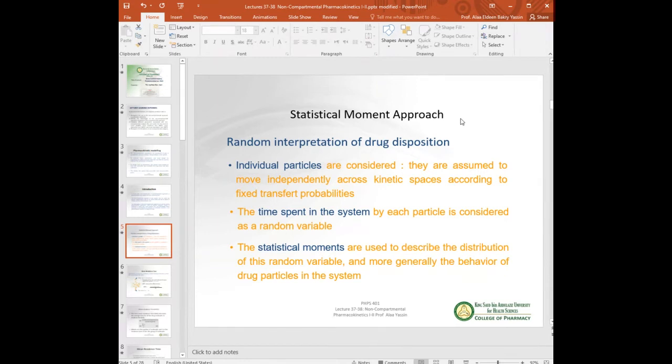You have a group of people, for example. The statistical moment is a theory that is applied in many other situations. They use it for studying the pattern of movement of people, for example in crowded places, so they can estimate the time of high accumulation and arrange for it.